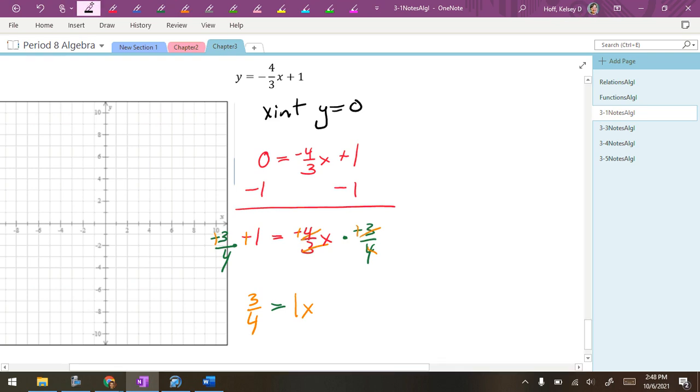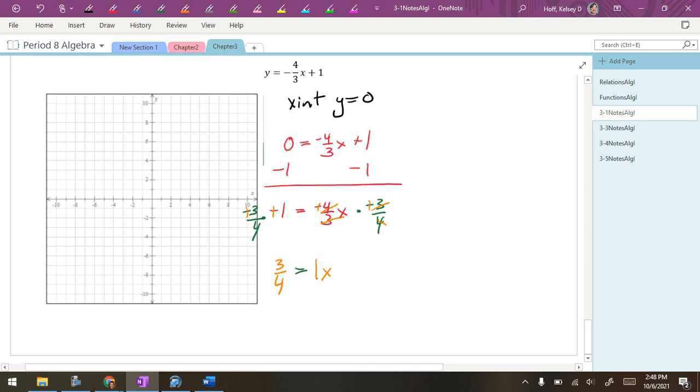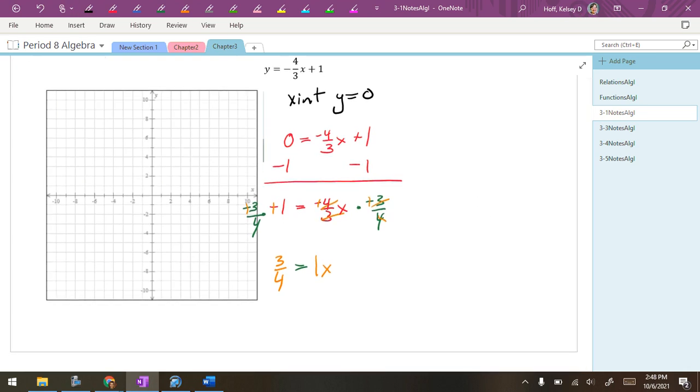Somebody tell me how to write that as an ordered pair. How do I write my x-intercept as an ordered pair? Caden? 0.75. Oh! I thought you said a decimal for a minute there. He didn't say a decimal, did he?